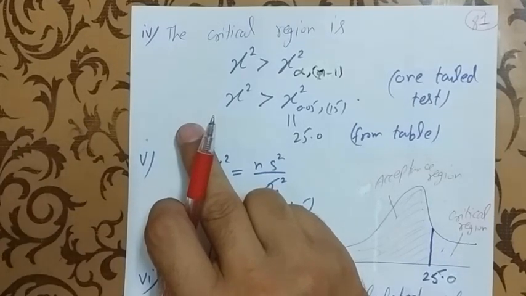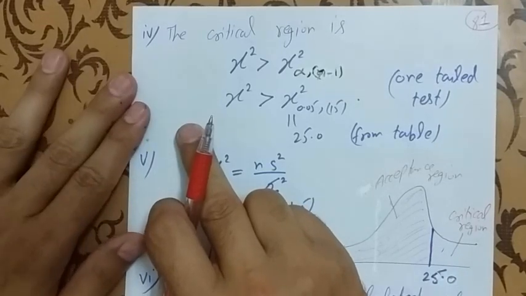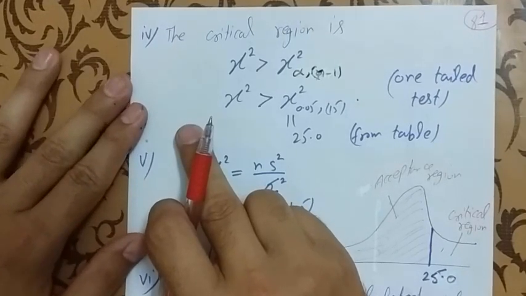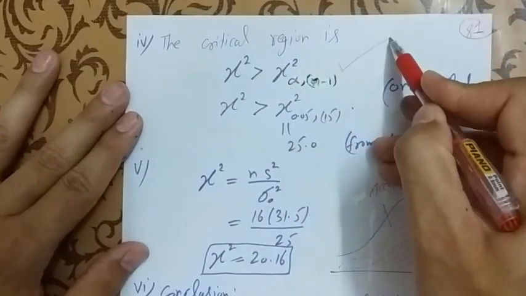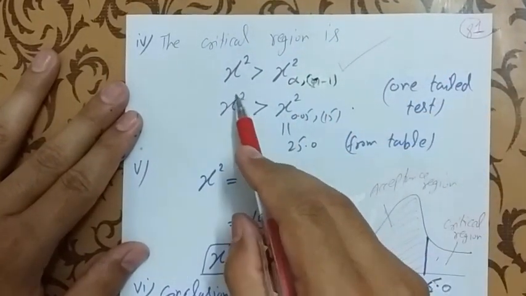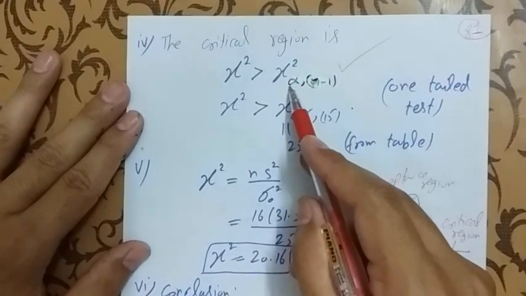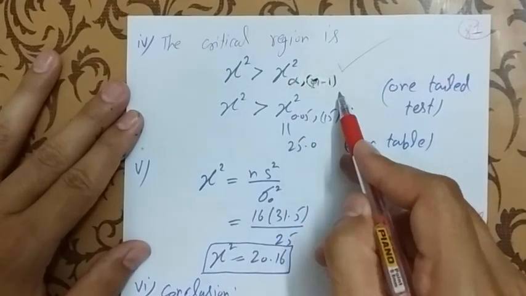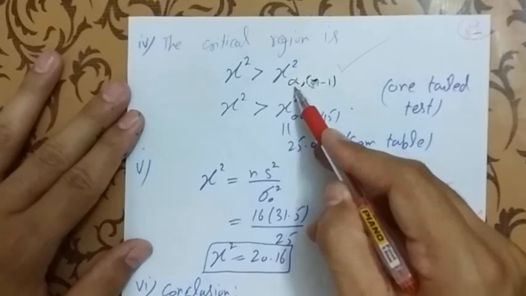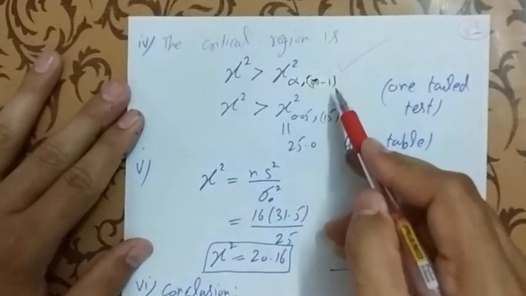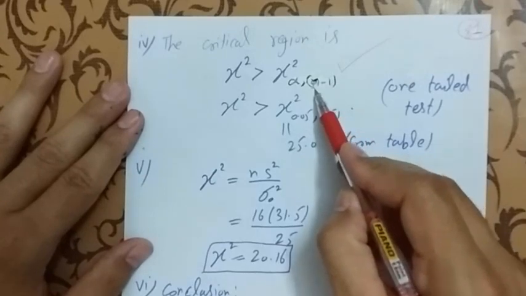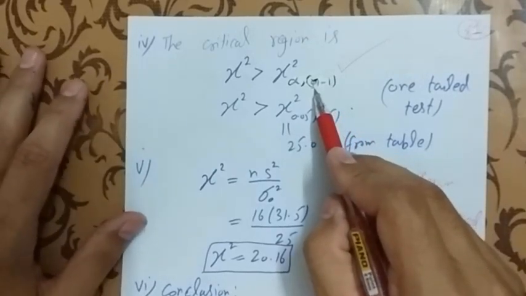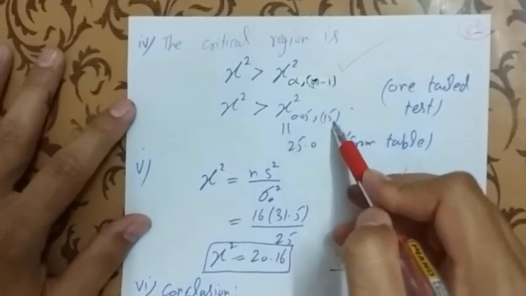Its critical region is chi square greater than chi square alpha comma n minus 1 degrees of freedom. With alpha 0.05 and n equal to 16 observations, 16 minus 1 is equal to 15.